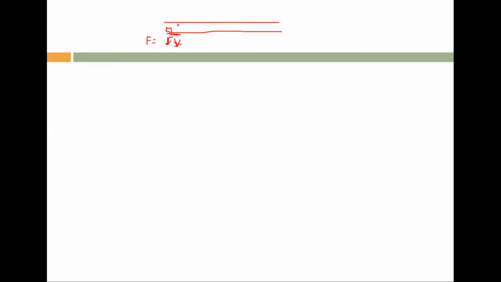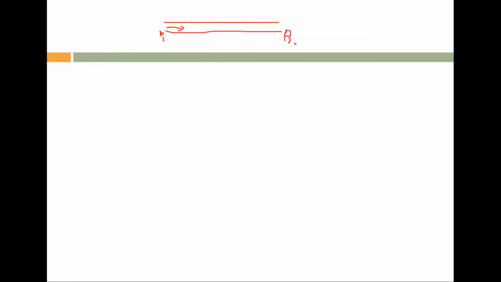Now what happens if you are trying to transport a fluid? If you are trying to transport this fluid from this end to this end, say the input pressure is P1 and at the output side, P2 is the pressure.